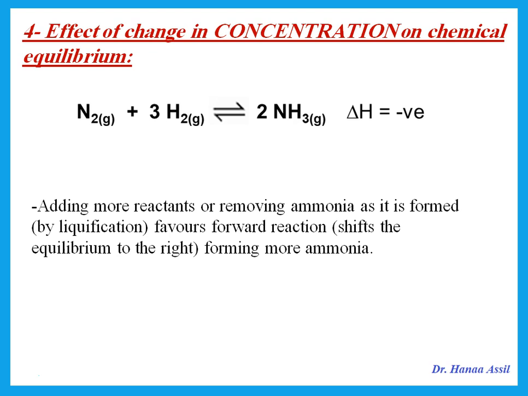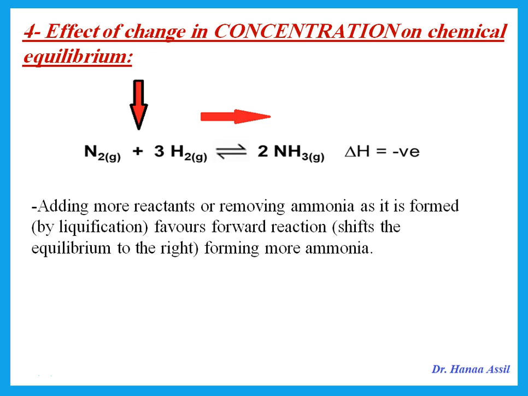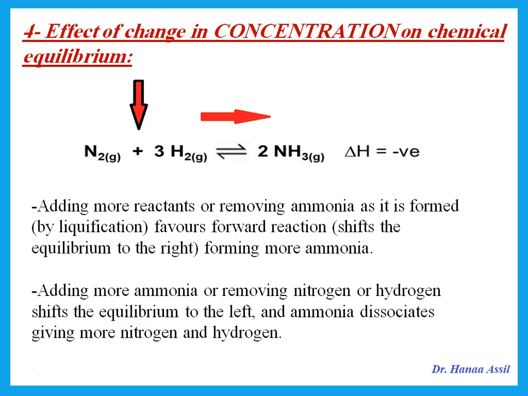What if we change concentration? Well, what are we doing? If we add more reactants, that means I'm adding more nitrogen or more hydrogen. It will try to go forward to use up these added amounts because it wants to return back to the original amount of reactants and products. So adding reactants causes any reversible reaction to go forward.